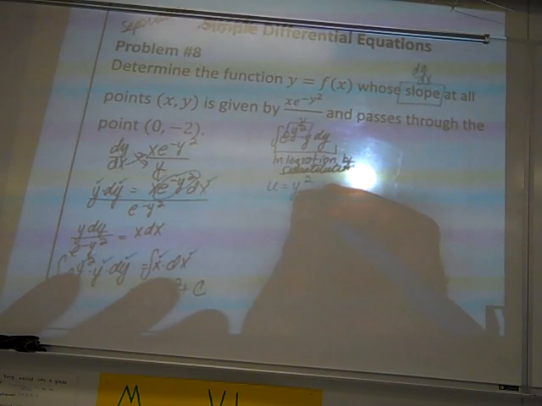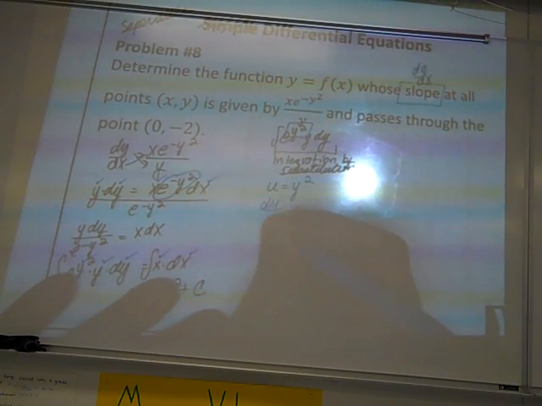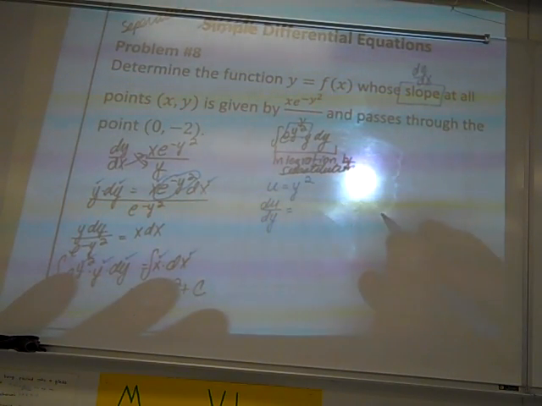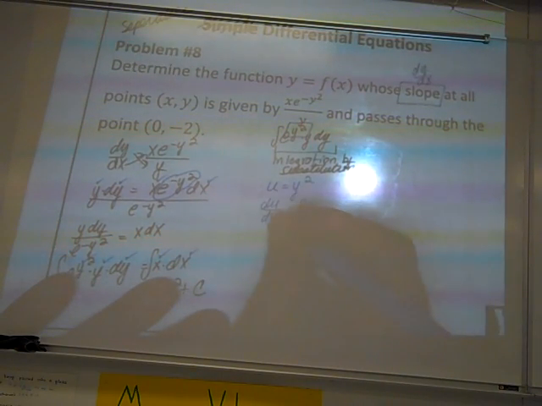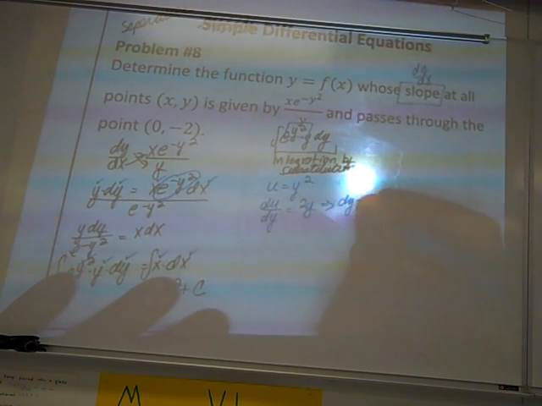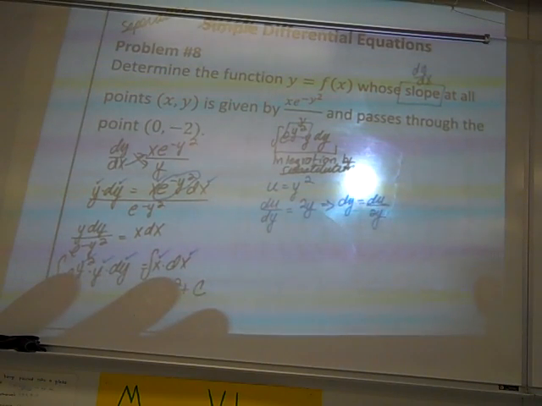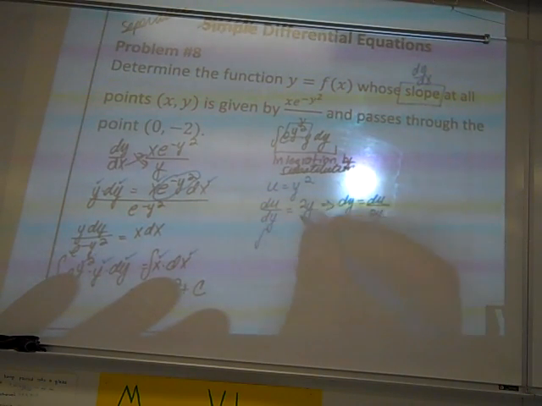If we make the substitution u is equal to y squared, then we take the derivative with respect to y, and we get 2y. Our next move is we're going to solve it for dy. So dy equals du divided by 2y. We're going to go back and we're going to rewrite the integral.